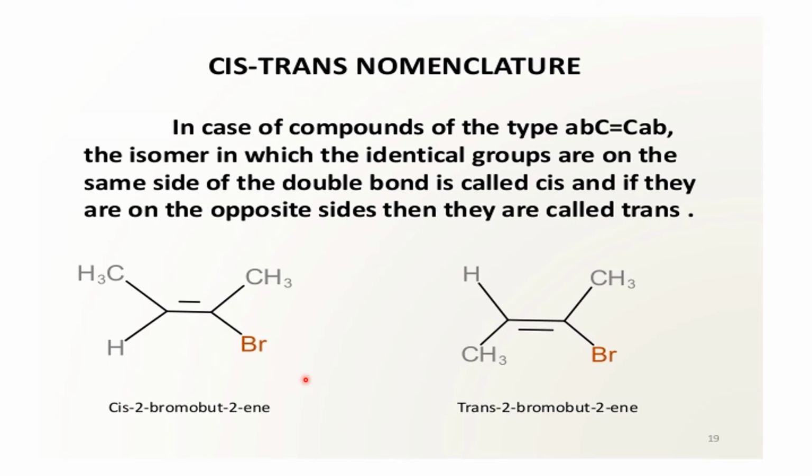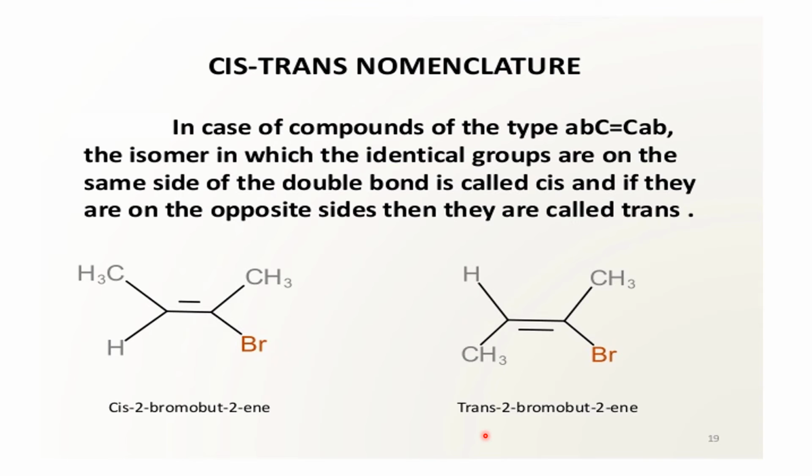So we could say the methyl groups are on the same side. Hence it is a cis isomer. Here the methyl groups are on the opposite side. Hence it is a trans isomer. That means for geometrical isomerism, the molecule should have a double bond and the atoms or group of atoms attached should be the same.